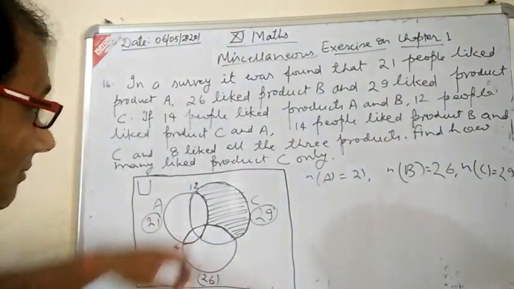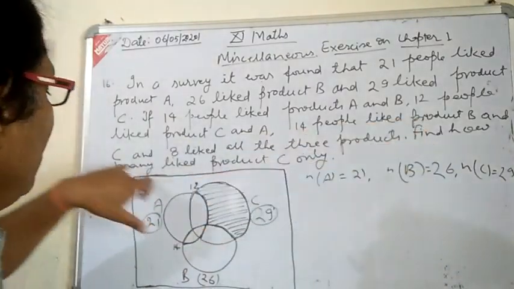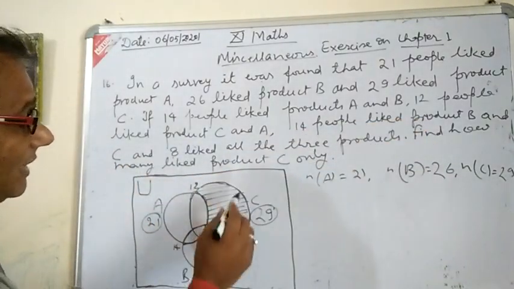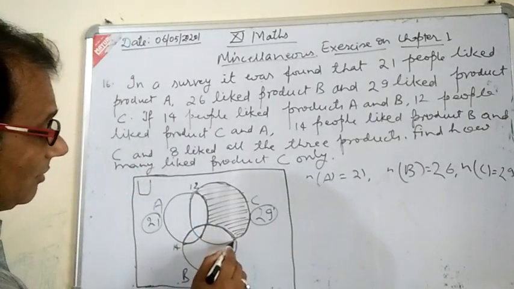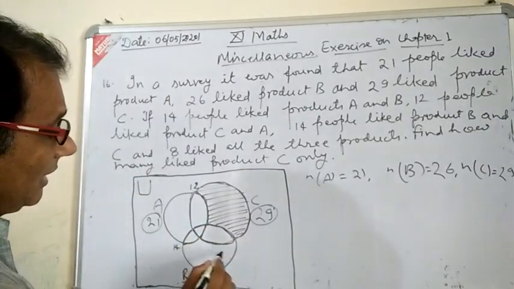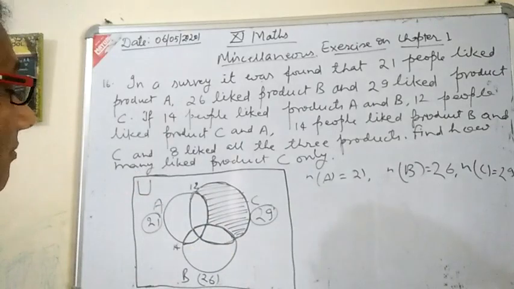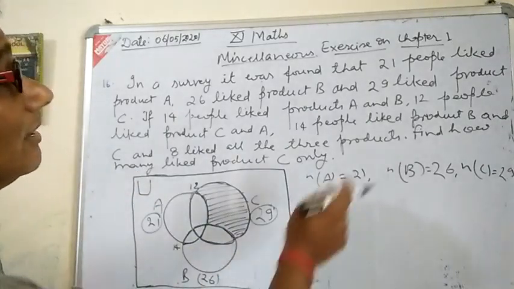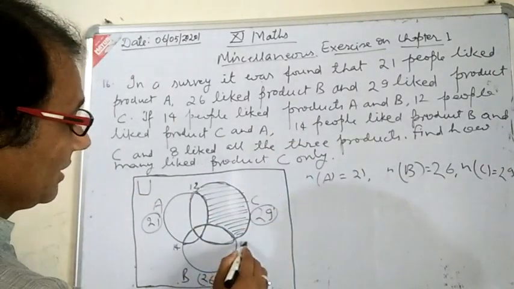And 14 people like products B and C. In B and C, this is the common portion, and the intersection of B and C is given here as 14.